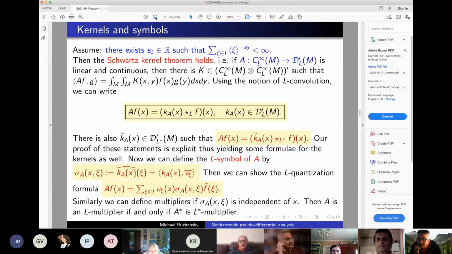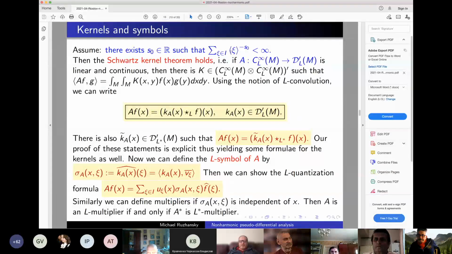Now, about pseudo-differential operators. Here comes another assumption, which is very natural. Up to now there was only one assumption: that we have a model operator L with discrete spectrum, and the eigenfunctions of this operator form a Riesz basis. Now the other assumption is that the eigenvalues of this operator L go to infinity.